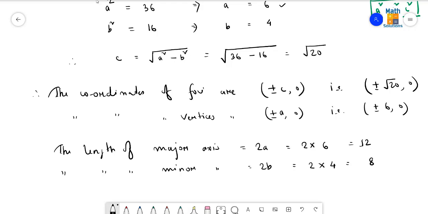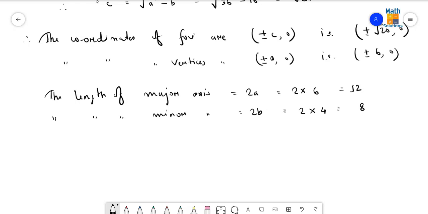Then there comes eccentricity. Eccentricity e is equal to c by a. We can write root 20 by 6. We can keep it like this also, or we can simplify.